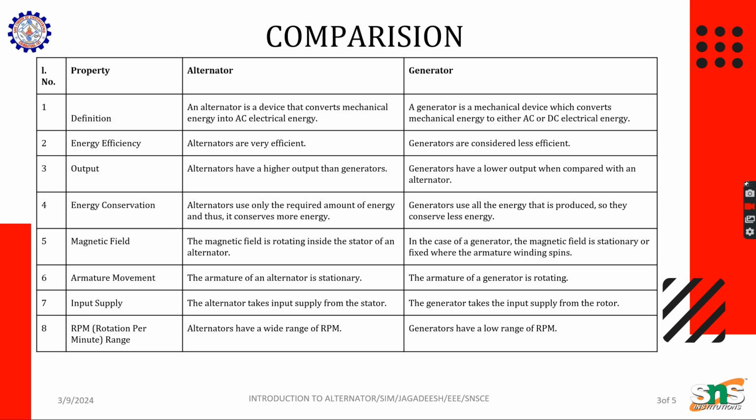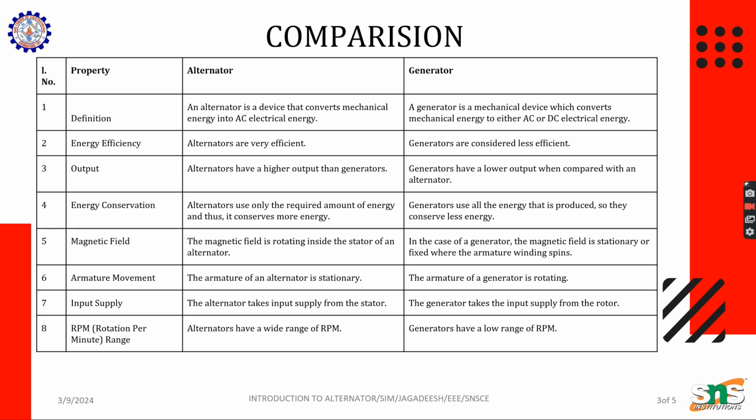Here there is one difference between the alternator and DC generators, just the opposite in working principle. In the DC generator, the field magnets are kept stationary and the armature of the generator is rotating. But in case of alternator, it is vice versa.